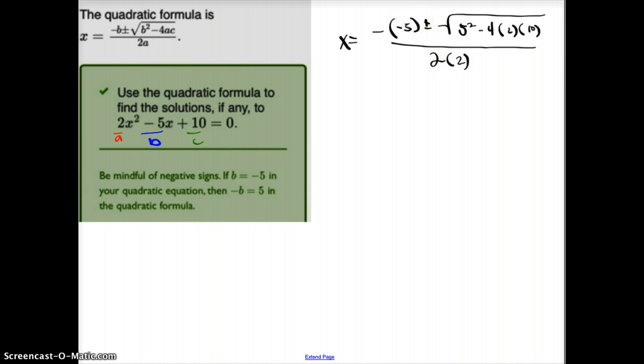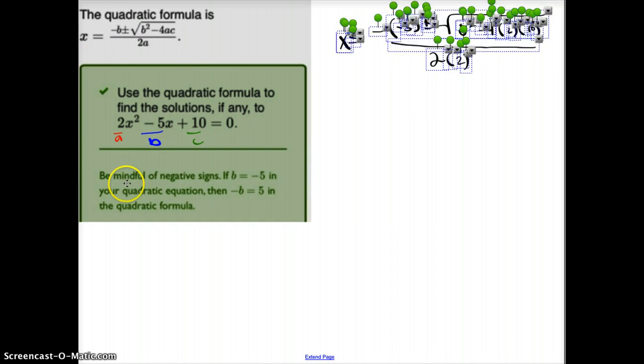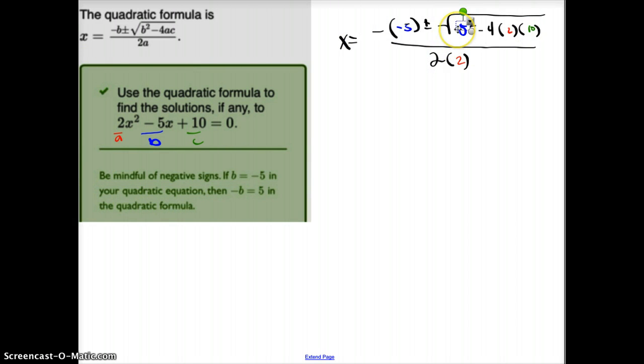If you want this all color coordinated, I'll do that right now. Just give me a second. Okay, so I color coordinate everything. I forgot the minus there, but that's somewhat irrelevant because when I square it, this one here will also become a positive because this one is also inside of parentheses, negative 5 squared.